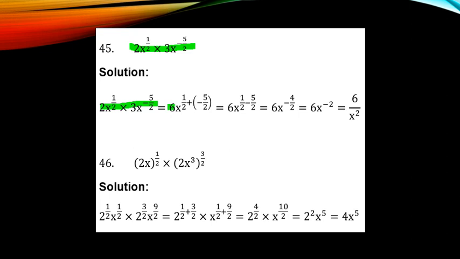For s, because the two bases are the same and they are multiplied, we add their powers in this form. That is 1 over 2 plus bracket open minus 5 over 2. If you open the bracket, you have it in this form, because plus times minus is minus. Now 1 over 2 minus 5 over 2, that is minus 4 over 2. If you divide, you have minus 2.